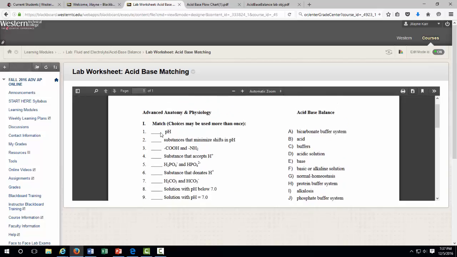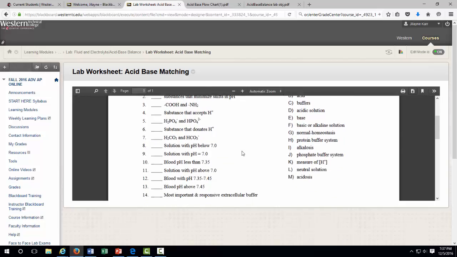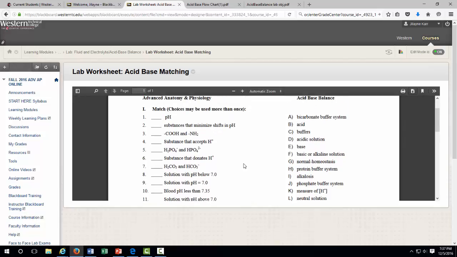So number 1, pH. Okay, measure of hydrogen ion concentration. Substances that minimize shift in pH. They minimize it. It's a generic term for the 3 we mentioned. Buffers, right, C. That's COOH and NH2.